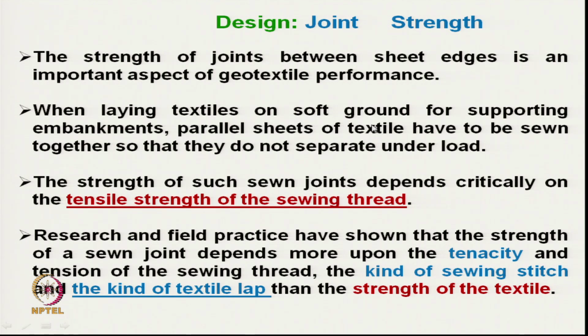The main failure has been observed at the stitched portion, because the strength of the sewing thread is typically lower than the strength of the geotextile. So, the stitching is the problem. Research and field trials have shown that the strength of a sewn joint depends on the tenacity and stress strain behavior of the sewing thread, the kind of stitch and the kind of textile lap.